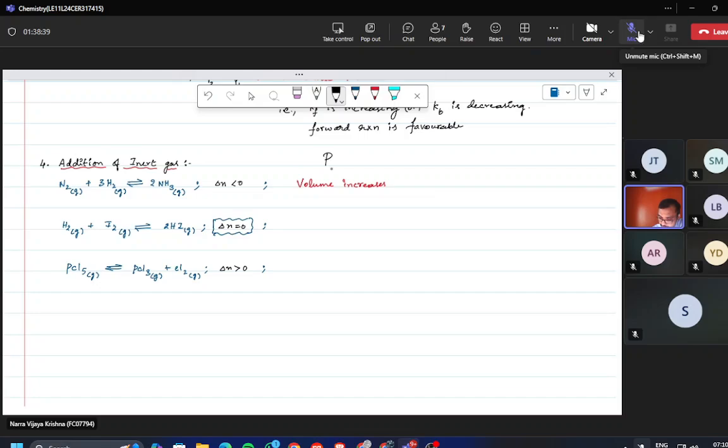If I am keeping pressure constant, obviously volume increases. Then what happens to volume in all cases? In all cases, volume increases or not? Better I am writing here. Any questions? Then what happens to N by V?